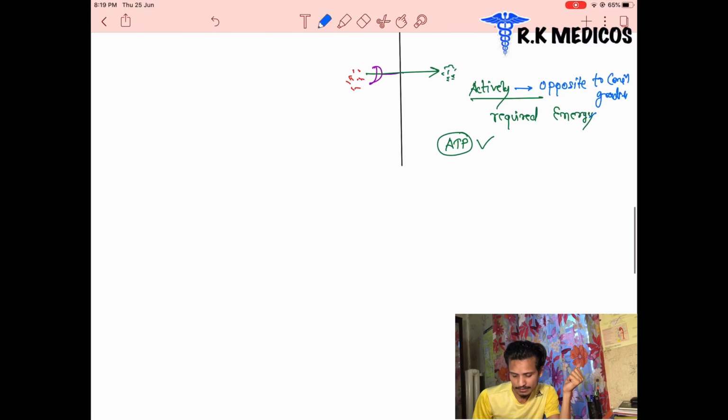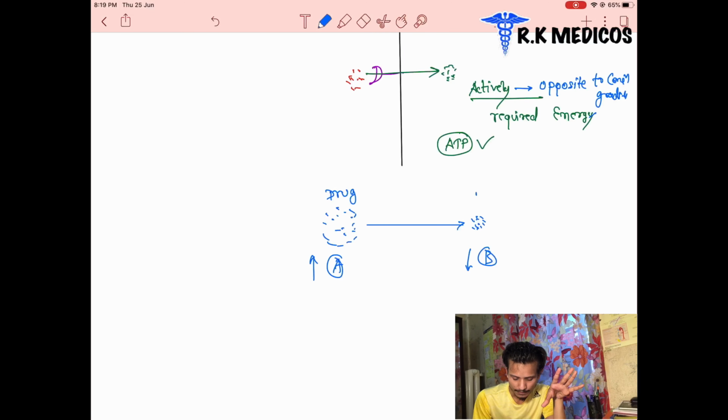What does it mean, opposite to the concentration gradient? Here something is present in a huge amount and here in a small amount. Where is the higher amount, A or B? Of course A. A is having higher and B is having lower. So the movement of particles, suppose this is drug type A and this is drug type B, is from A towards B, because B has the low concentration.